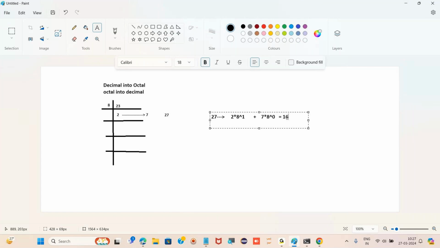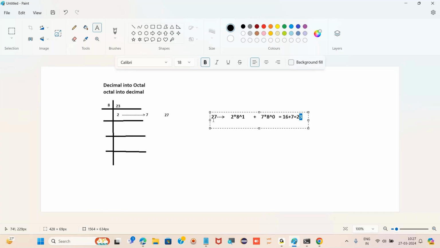So 16 plus 7 is 23. We are getting the same value. After conversion of decimal to octal, we are getting 23 as 27.